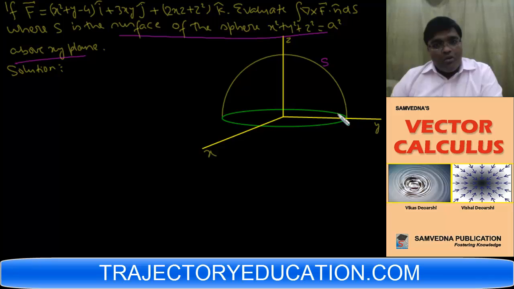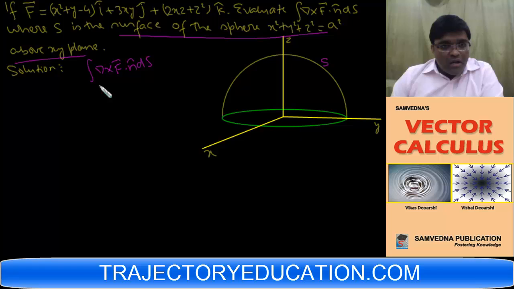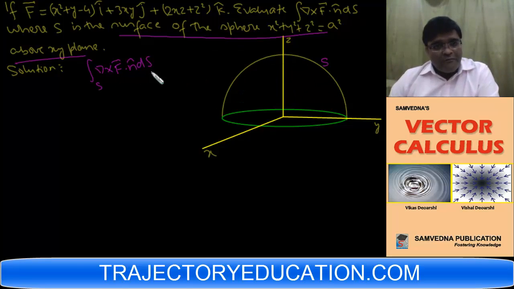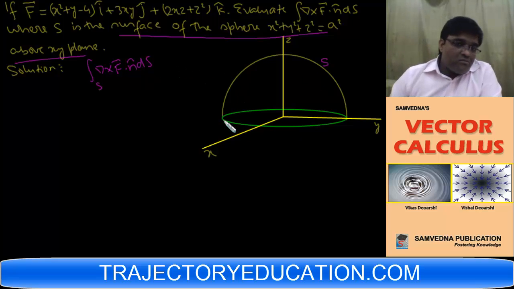So we have to evaluate curl f dot n ds over an open surface, and over an open surface I can't apply the Gauss Divergence Theorem. But if the surface had been closed, how can you close the surface?